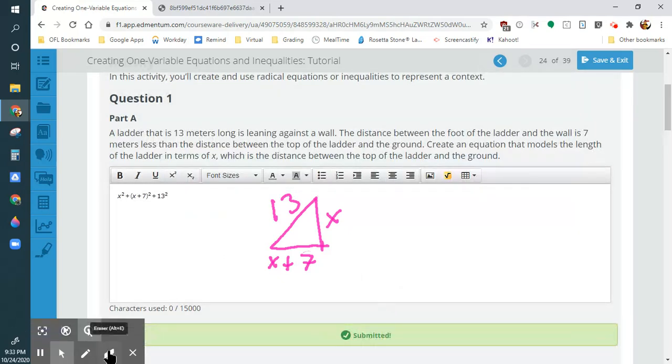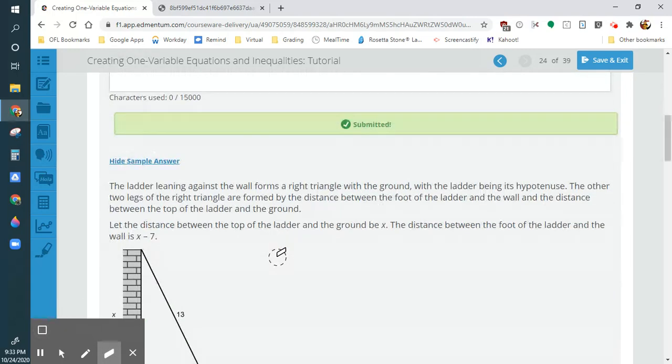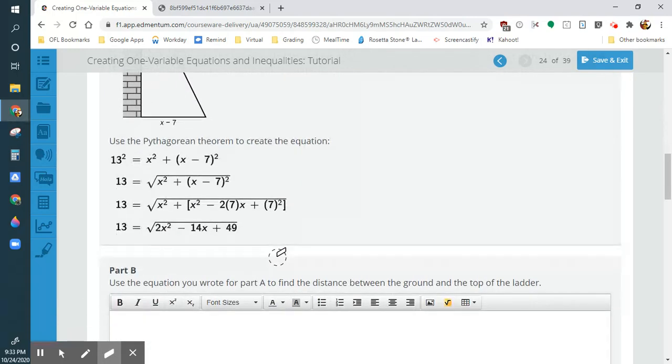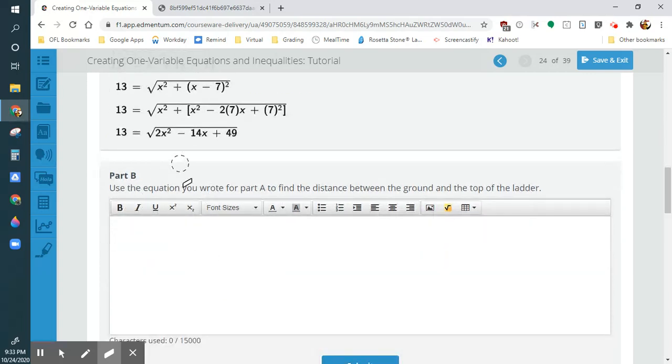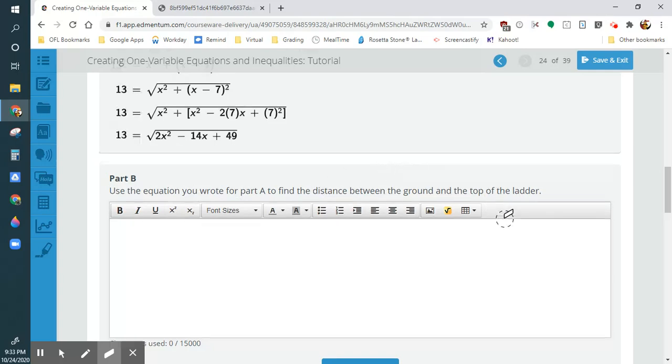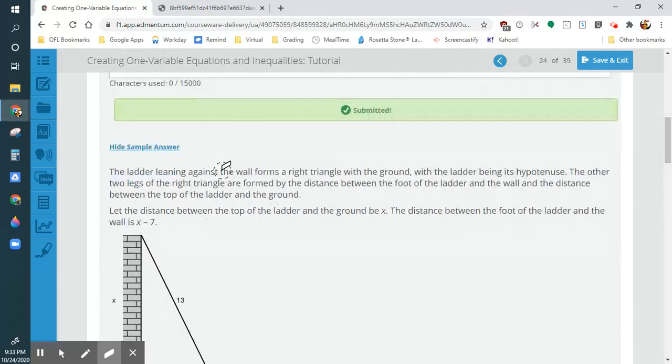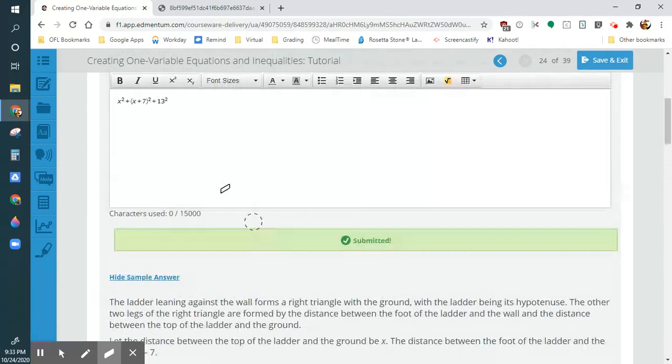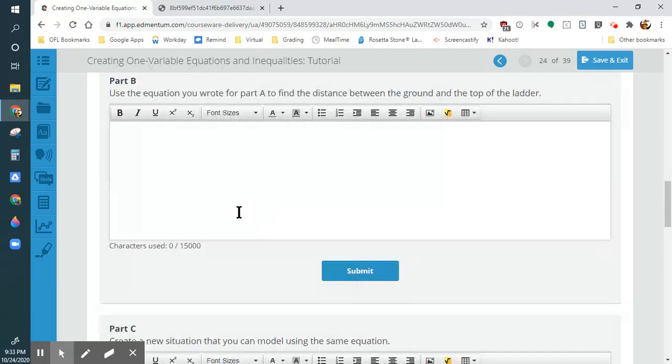Put that in. All right, so we're going to be doing this right here. Use the equations you wrote in part A. Find the distance between the ground and the ladder. So we're going to try to figure out this x. So let me grab this formula here, and we're going to do a whole bunch of fun stuff. Yay.